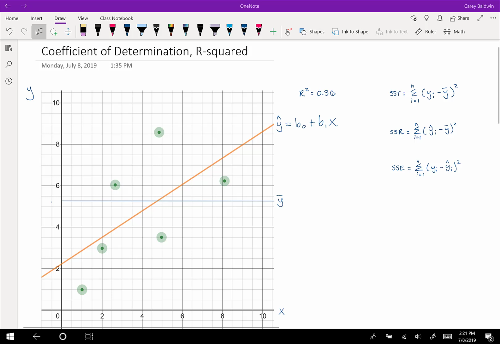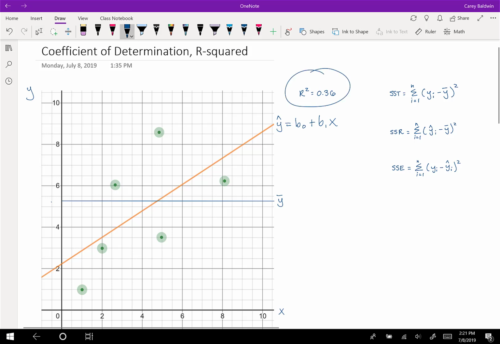In general, what you'll want to keep in mind is that R squared values close to 0 indicate that our model is not very informative and isn't all that terrific at making predictions for y based on values of x.